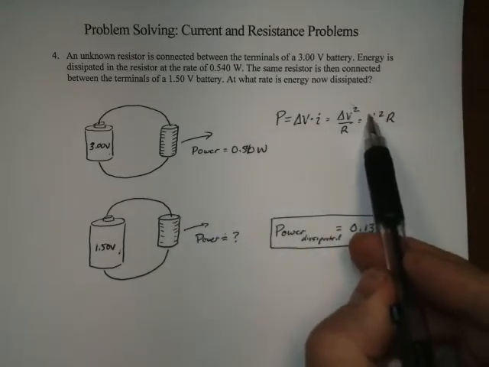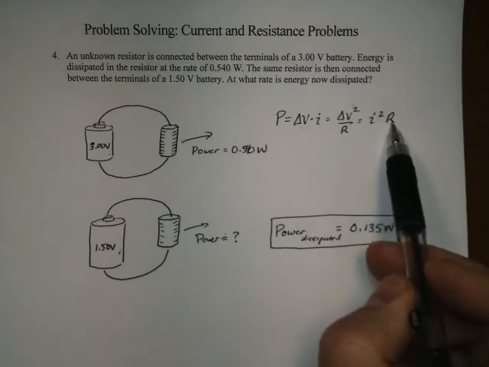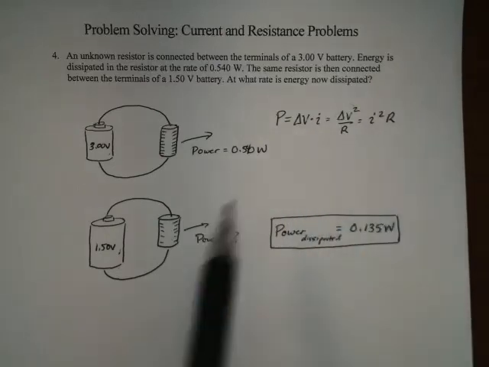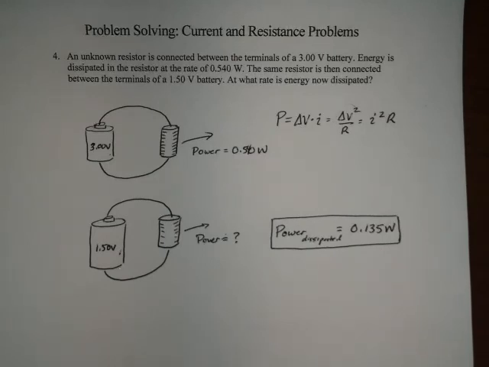Half the current squared is 1/4 the current squared, times the same resistance. And again, that is 1/4 the power that's being dissipated. So each of these three alternate ways of expressing electrical power would lead you to the same conclusion, namely that the power dissipated is 1/4 of what it was previously.